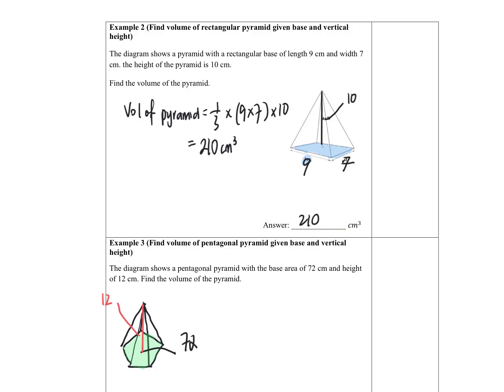So volume of pyramid, same thing: 1/3 base area times the height, 12. So 1/3 base area times height, 288.